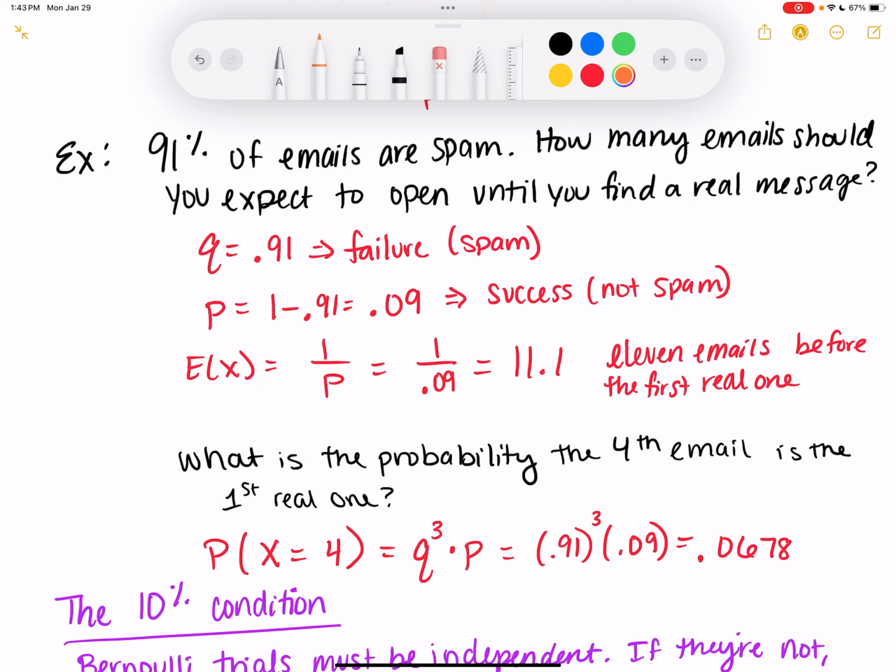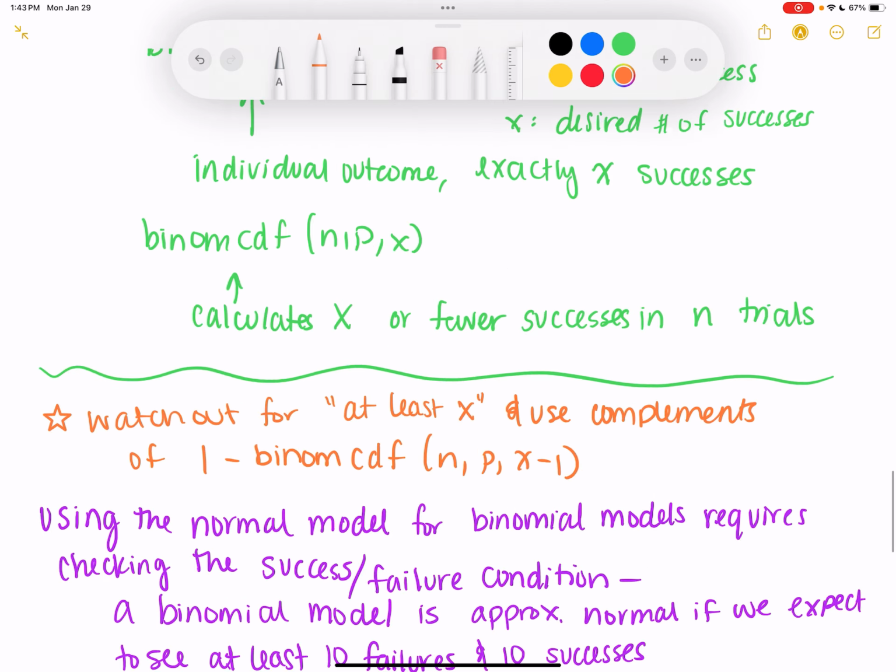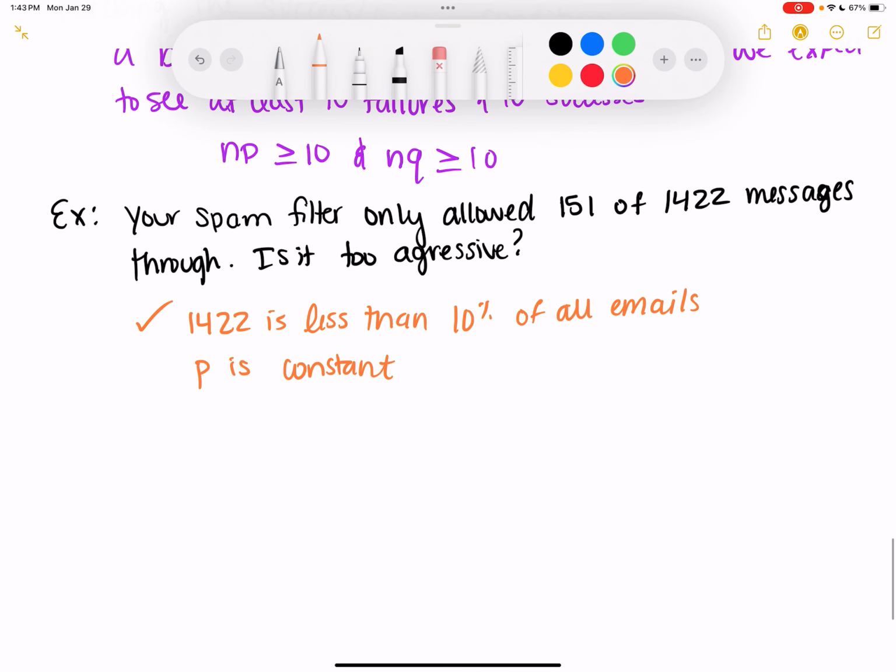Yes, I don't think it's going to change. All right, now we're going to check NP and NQ and see if they are greater than 10. So N times P is 1422 times 0.09. And NQ is 1422 times 0.91.